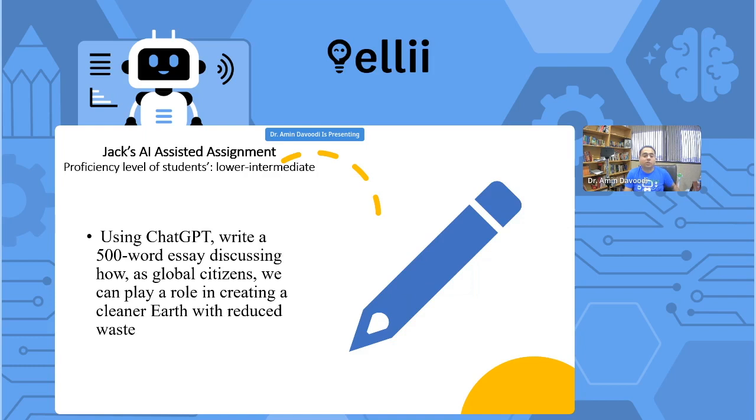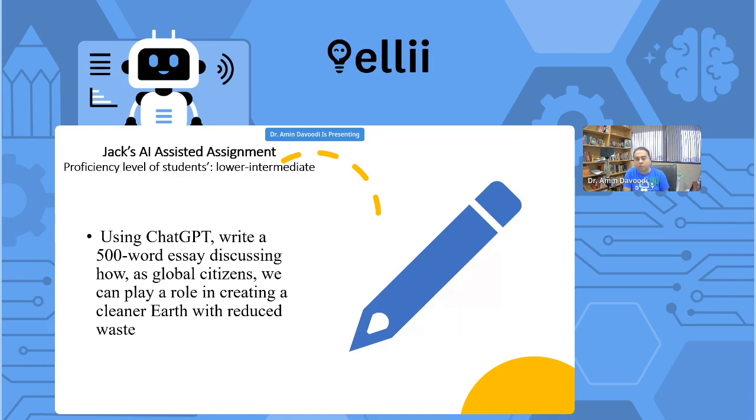So this is good. This is a good assignment, and I'm glad that Jack was able to actually include ChatGPT as a learning tool, as a learning resource in this assignment. So for this one, I actually commend Jack, and I appreciate what he's doing for his students. He's trying to use this new technology, ChatGPT, to provide new learning experiences for his students.